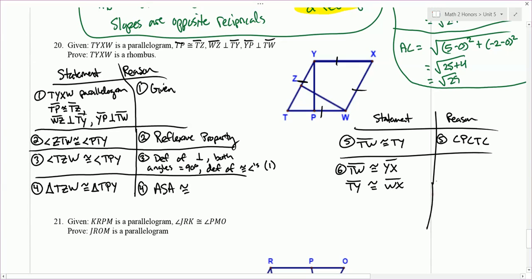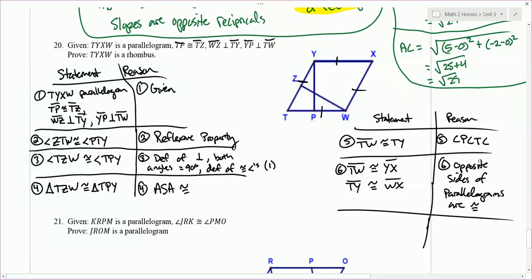And the reason is opposite sides of parallelograms are congruent.